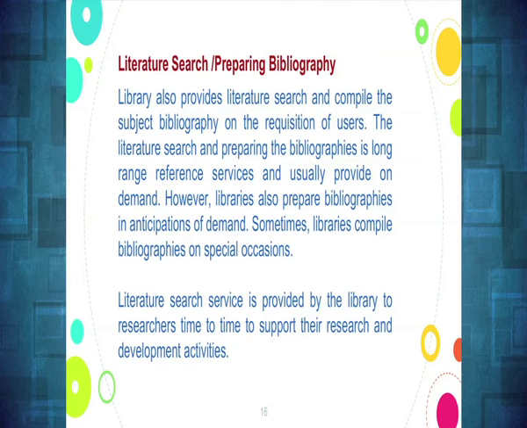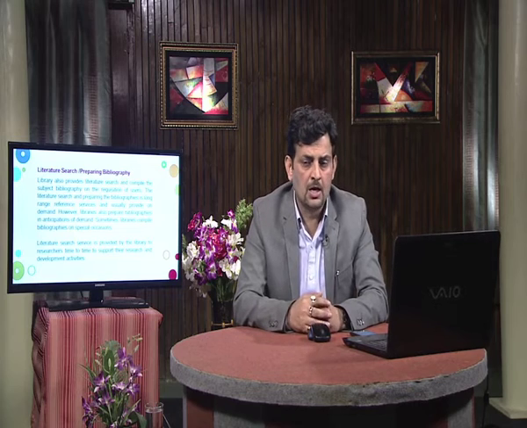Then another type of responsive service is literature search or preparing a bibliography. In this, we search the literature related to the topic of the study of the researcher or allied areas of the study, and then we compile the list of the literature and supply it to the researcher. In the literature search, there are various strategies librarians have to follow.